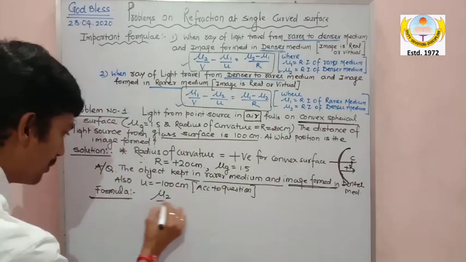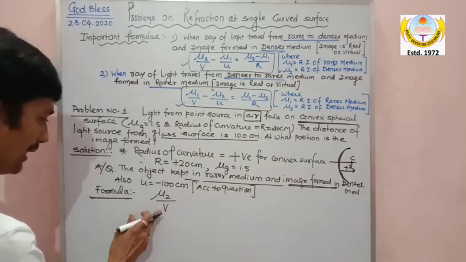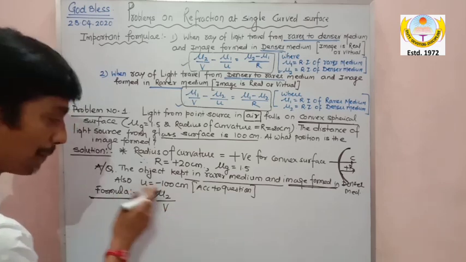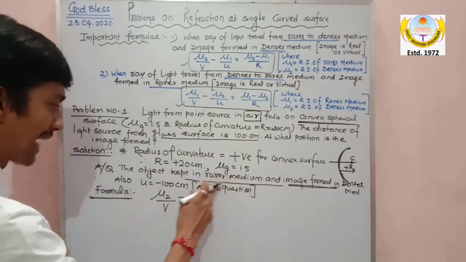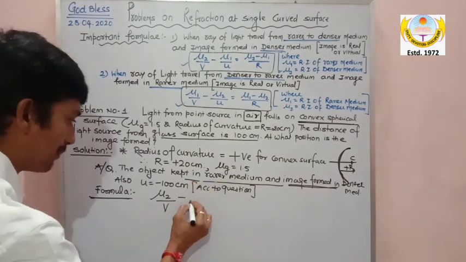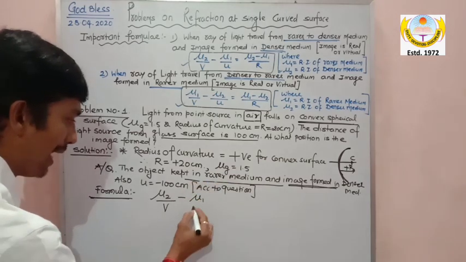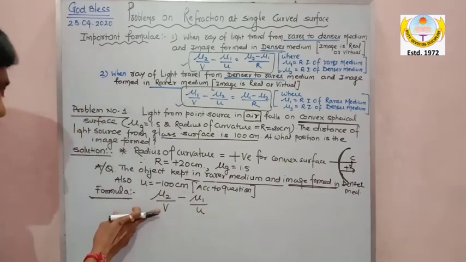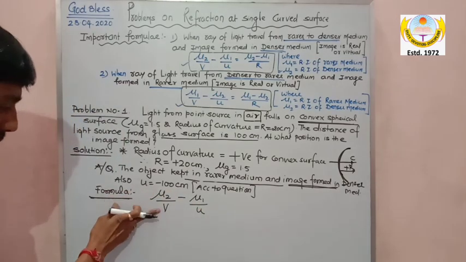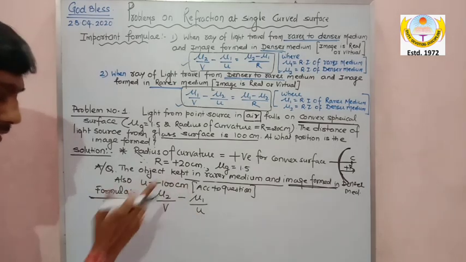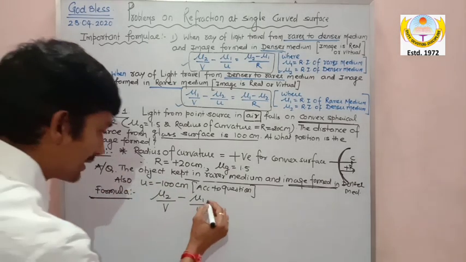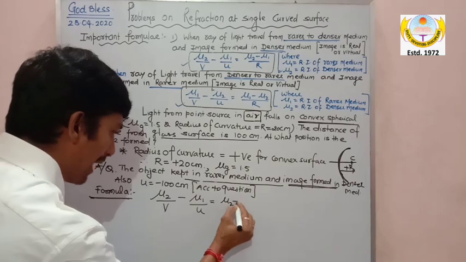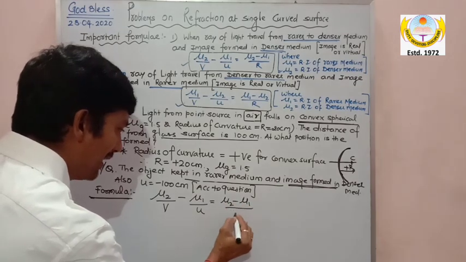So it is mu2 divided by V, because V is forming in mu2, minus mu1 divided by U, because the object is kept in the rarer medium. Image in denser, object in rarer. Is equal to mu2 minus mu1 divided by R.